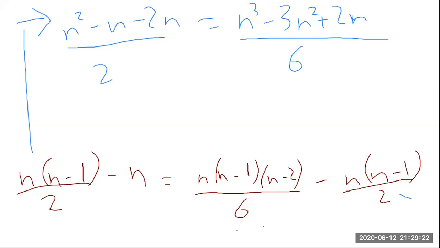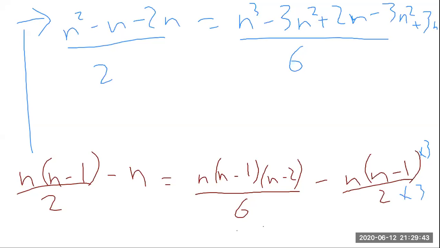Now over here I multiply by 3 to get minus 3n squared plus 3n.